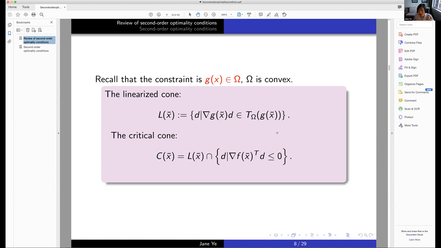And also you can take the second order tangent cone of the set you create, and then relate it to the Hessian matrix of G and the second order tangent cone of omega. We would like to describe the condition by the function G and the tangent cone or second order tangent cone of omega. We don't like to have it all in one piece, implicit, right? So that's maybe the difference.